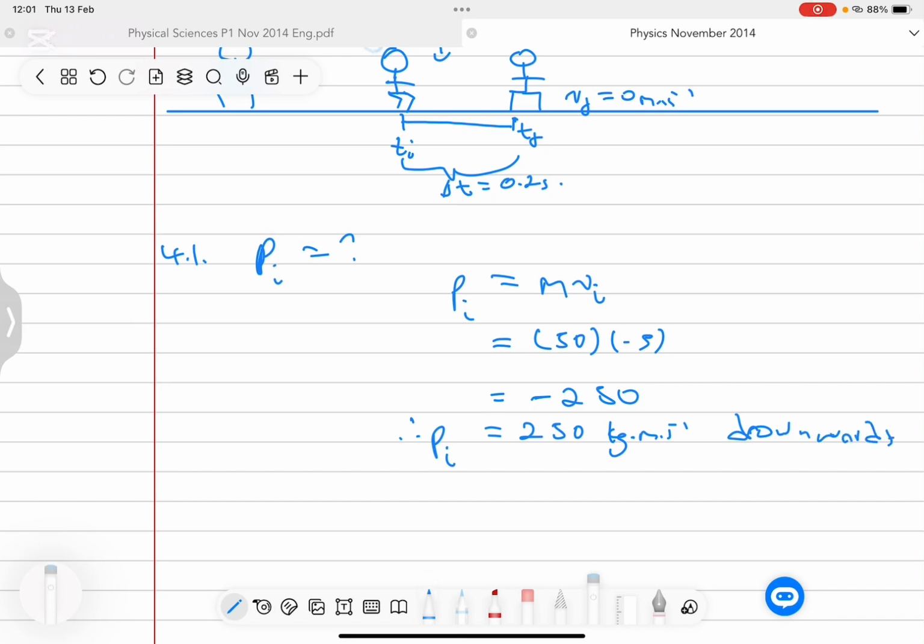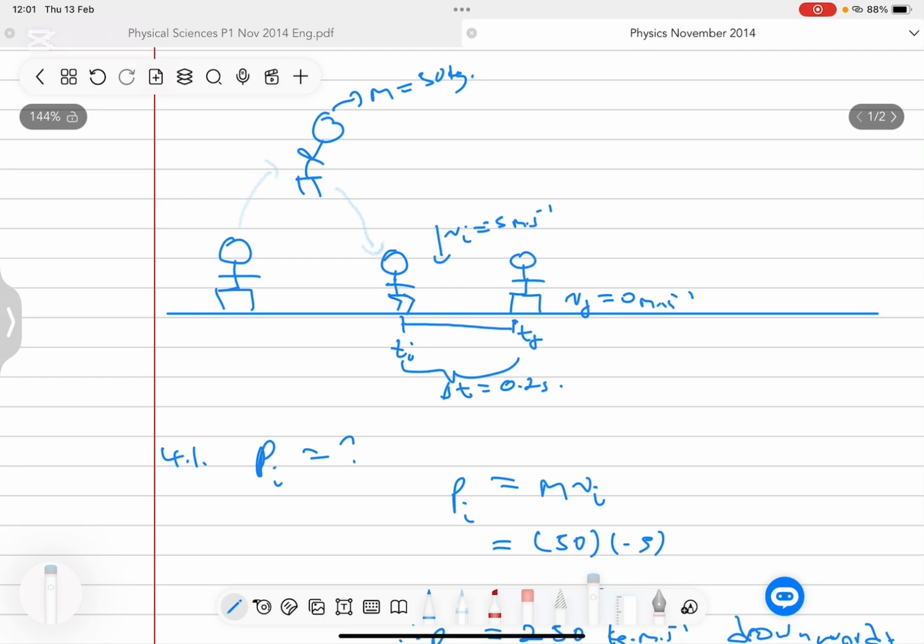Remember that the fact that the momentum is negative means that it is going downwards. So our initial momentum is equal to negative 250 kilogram meters per second. It's a vector that is pointing downwards.